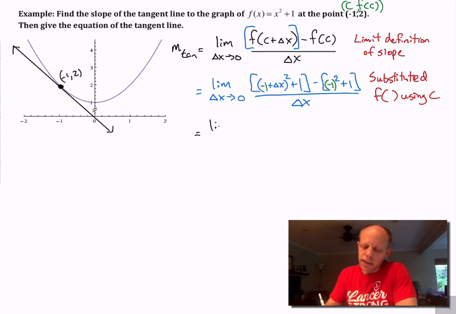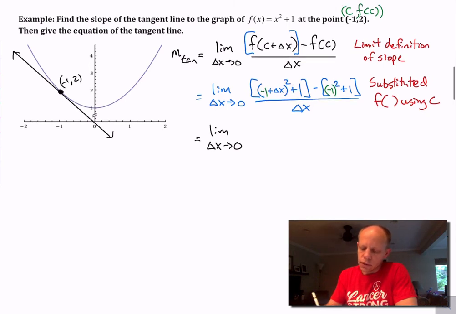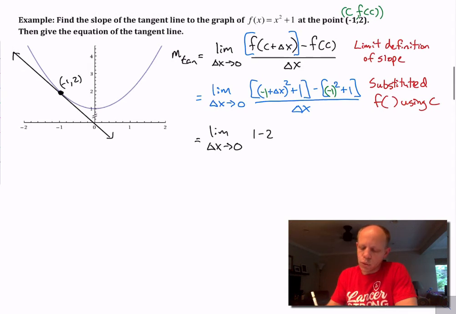Okay? So in my next step, we have to rewrite the limit as delta x approaches 0 because we haven't taken the limit yet. And so when we do this, we're going to square the binomial here first. And so that's going to become 1 minus 2 delta x, and then plus delta x squared. All right, so that's the square of the binomial.